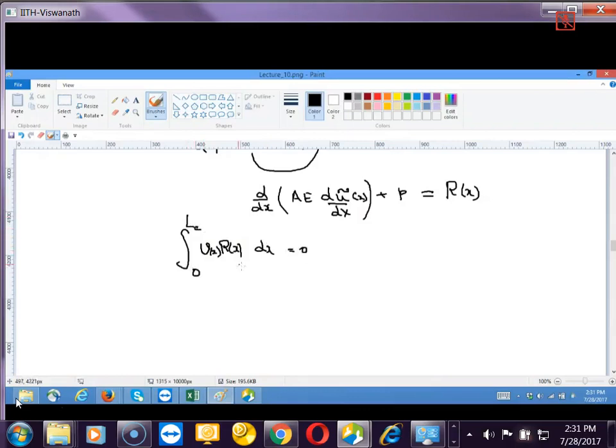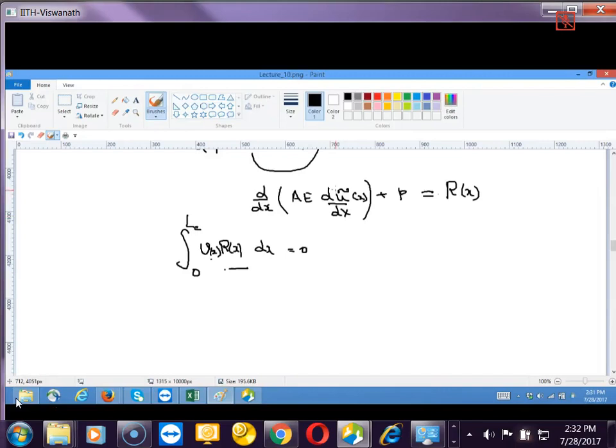So what I'm saying is, my residue, when multiplied with the corresponding weight and integrated over the length, I want that cumulative weighted residual after substituting u tilde to be equal to 0. This is my condition.